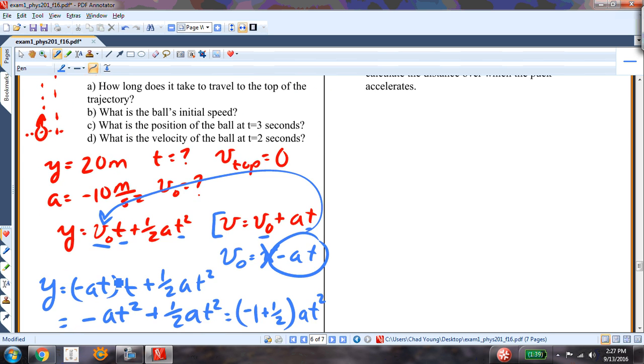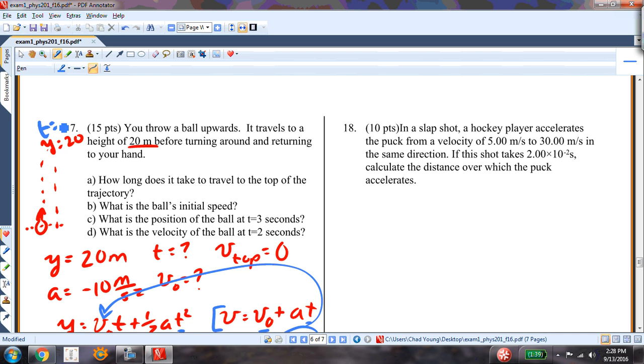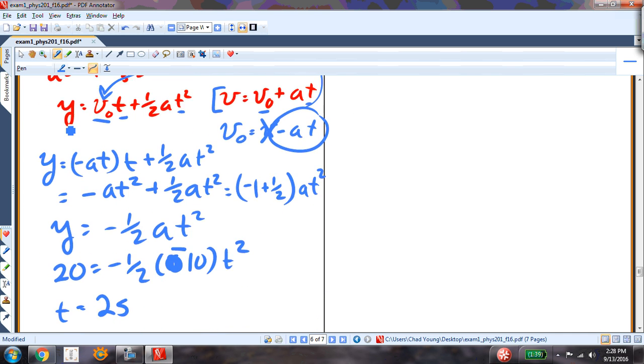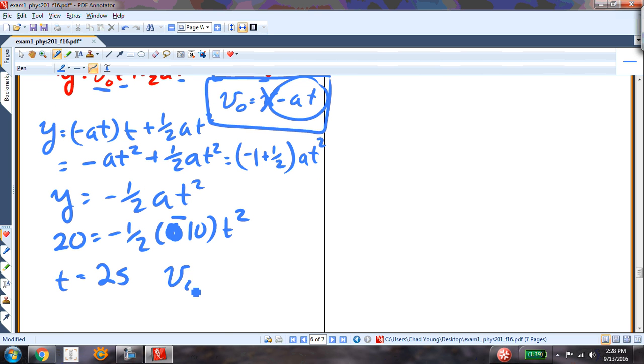So it takes 2 seconds for it to get up here to the top of the trajectory. Now, if I want to also know what is v naught, which I do, I know that v naught is equal to negative a times t, which is negative times negative 10 times 2 seconds, positive 20 meters per second.